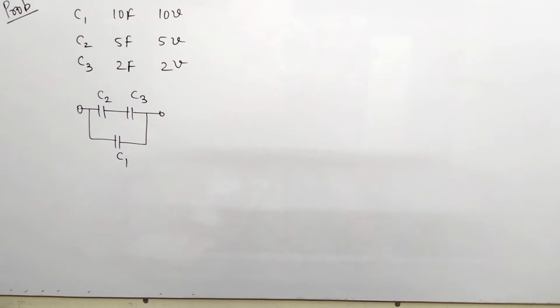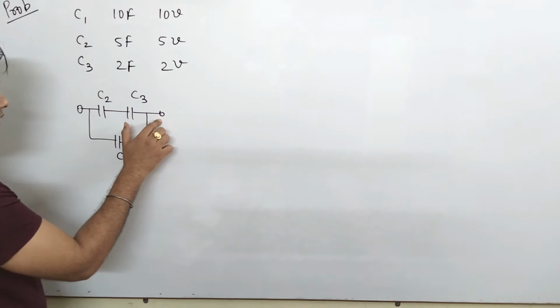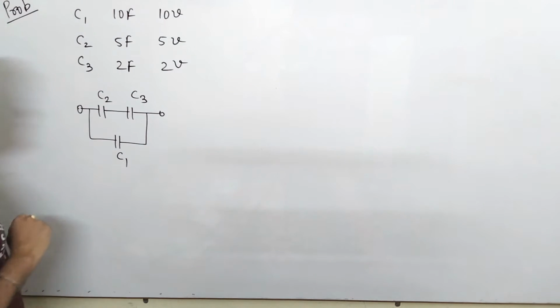Once again, this is an interconnection in which these are the values of C1, C2, C3 with their breakdown voltages, as shown below. You have to find the value of voltage which can be applied across these two terminals so that this combination works, and accordingly find the total charge.